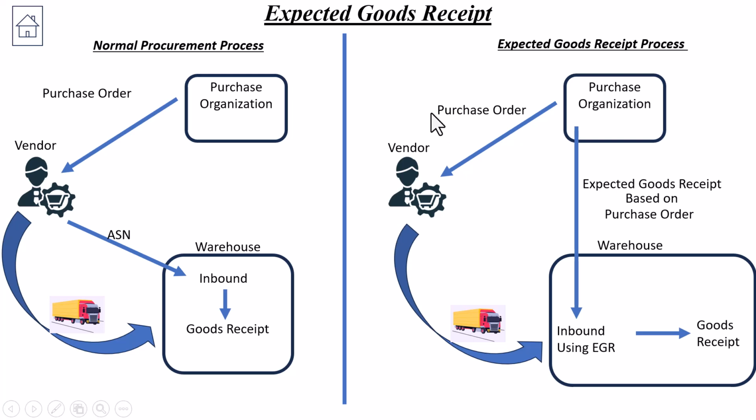As this purchase order is open and no ASN was created against it, we can pull that inbound delivery. That is the expected goods receipt. And when we really receive the goods based on the expected goods receipt, we can post the goods receipt.